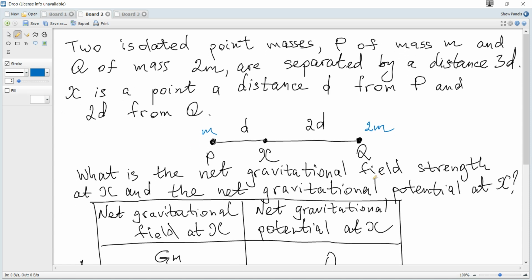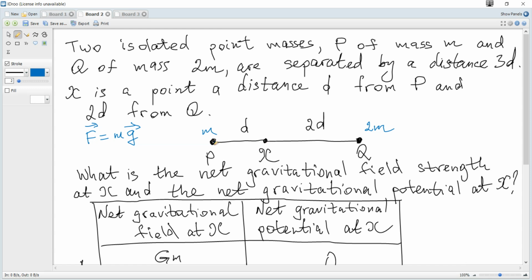So what about gravitational field? You know that force, it's a vector, is equal to mass times gravitational field strength. Since mass is a positive value and the gravitational force is always attraction, a mass is attracted to mass P and attracted to mass Q. Hence field strength is always directed to the mass which produces the field at some point.